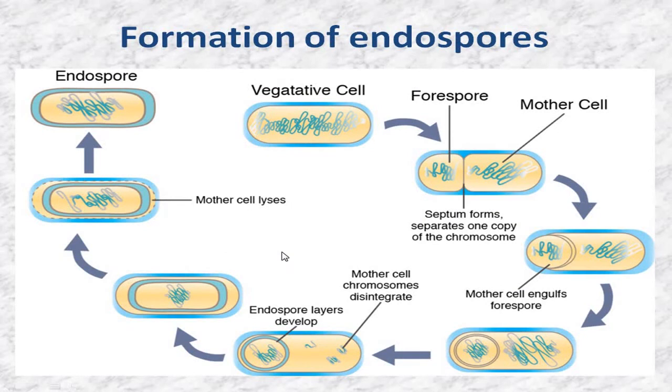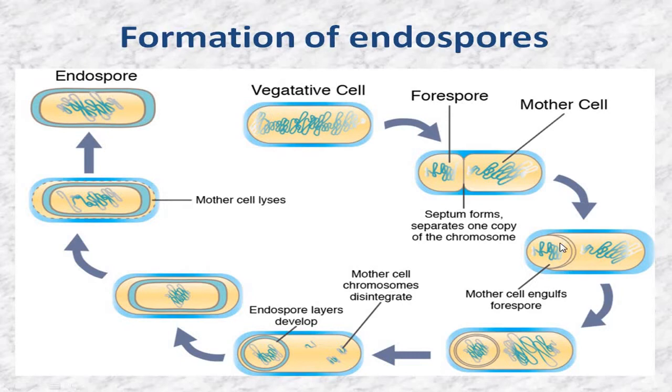These are produced when a vegetative cell's chromosome divides into two, and the two copies are separated by a septum, so that the two chromosomes get separated from each other. But the division is not equal. Two unequal cells are formed. The larger one is the mother cell.